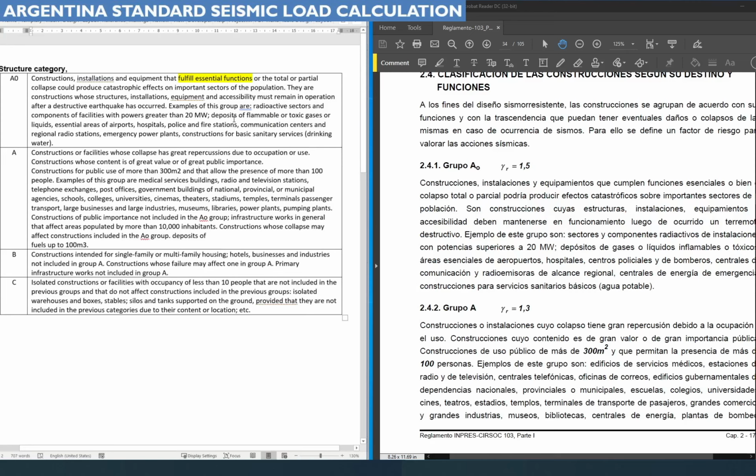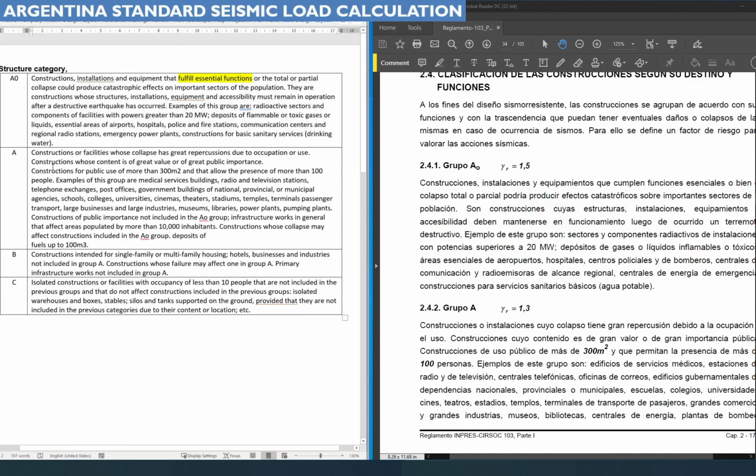For example, radioactive sectors and the components of facilities with a power generator greater than 20 megawatt, deposits of flammable or toxic gases or liquids, essential areas of airports, hospitals, police and fire stations, communication centers and regional radio stations, emergency power plants, constructions for basic sanitary services, drinking water, etc. These fall under category A0.